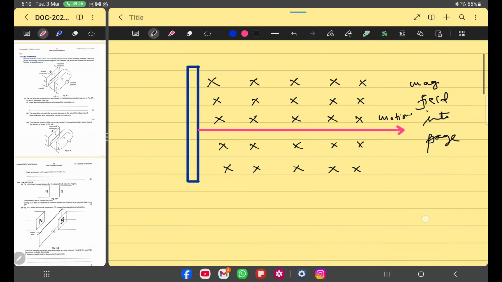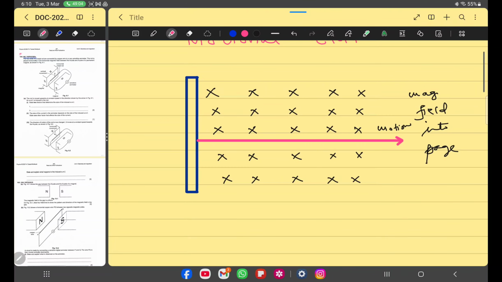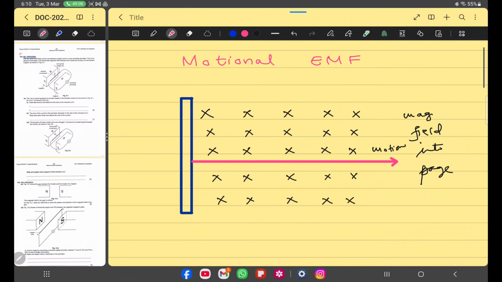Yes Pavitra, if you apply Fleming's left hand rule, first finger towards the screen, second finger towards the right hand side, then where is your thumb? Pavitra, where is your thumb? Downward. Totally wrong answer. My thumb is pointing upward.